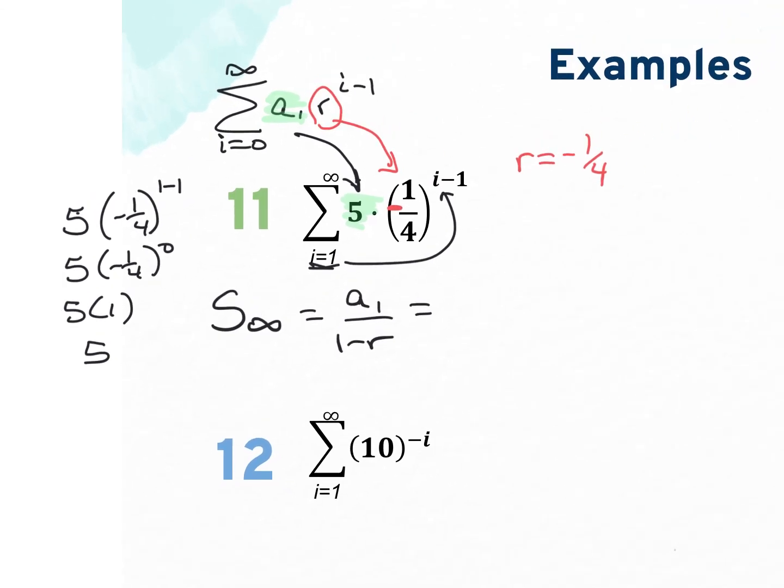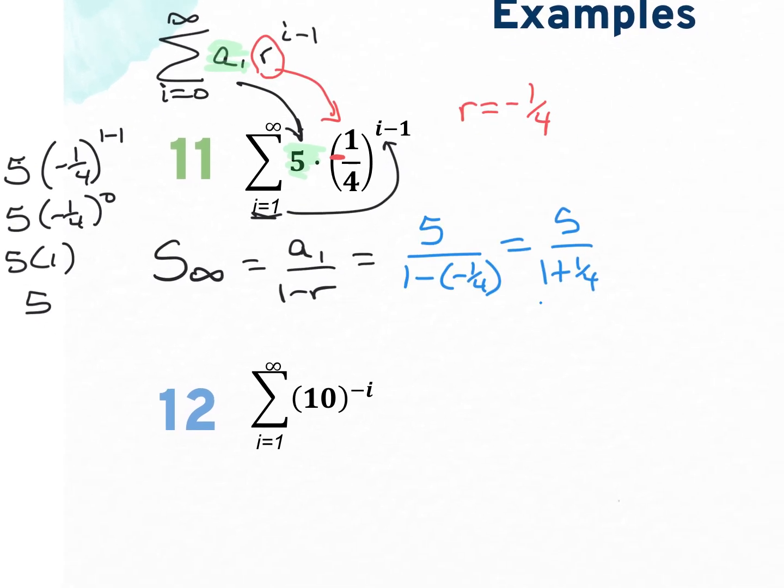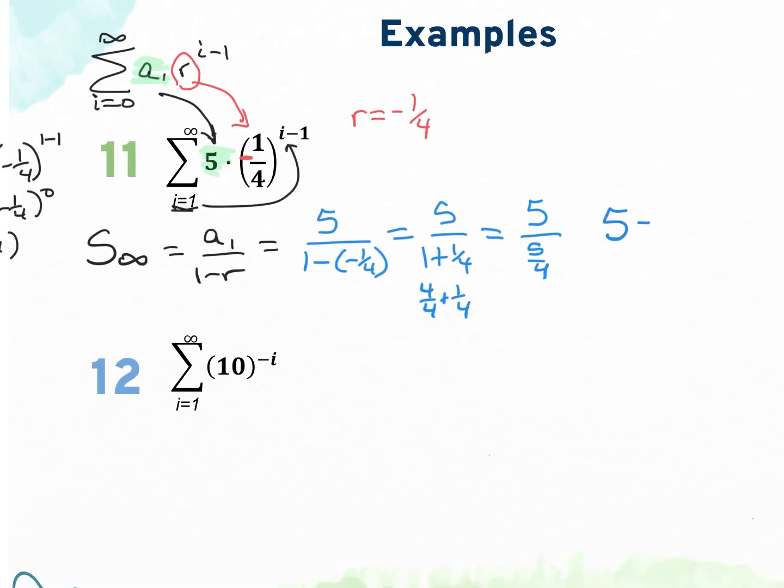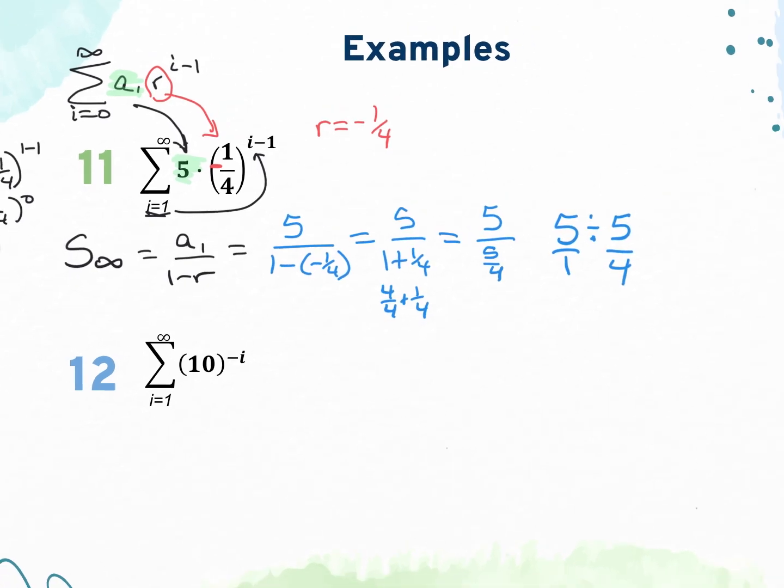So here we're going to take the first term, which is 5, and we're going to divide it by 1 minus negative 1/4, which is going to turn into 1 plus 1/4. And again, I could change the whole number 1 into a 4/4. So then it's going to be 5 divided by 5/4. Keep flip change it.